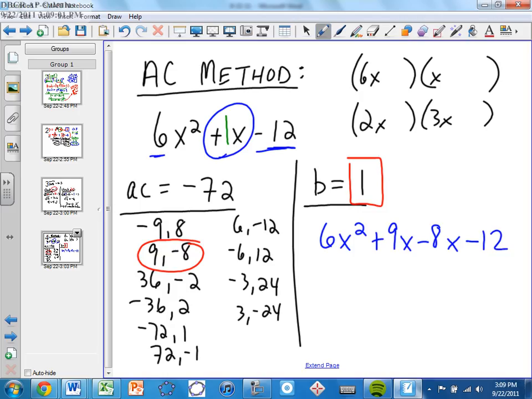What you'll notice is that this value right here is really just 1x, which is what we had up here. So we're just breaking up the 1x into the factors that we chose as our answer. All we're doing is replacing it with the 9 and the negative 8 here.